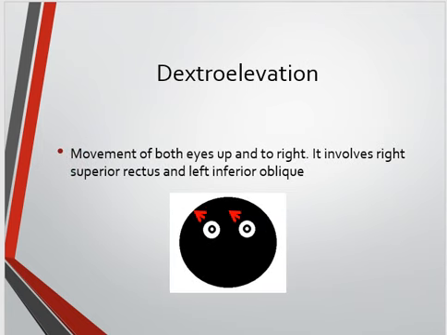Dextroelevation, that is elevation to the right, that is up and to the right. So what are the muscles that are responsible for this? What is happening here is the right eye is moving up and out, and the muscle that is responsible for this is right superior rectus, and the left eye is moving up and towards the nose.